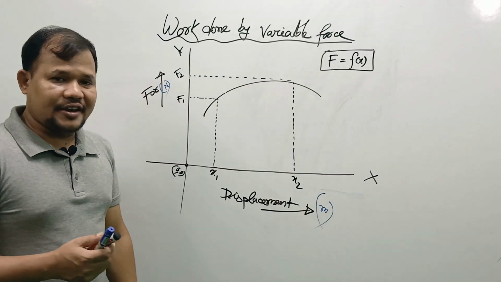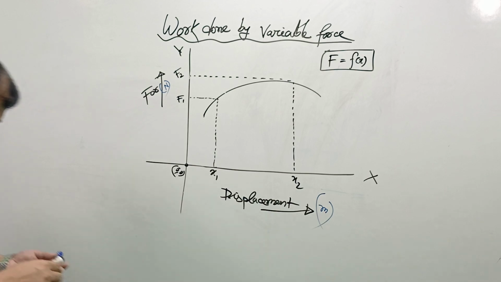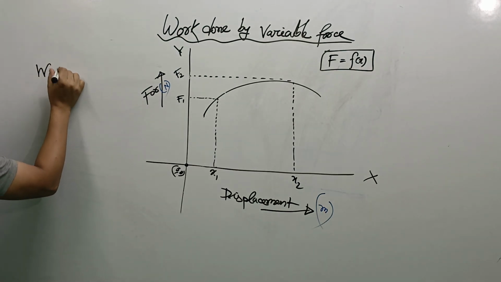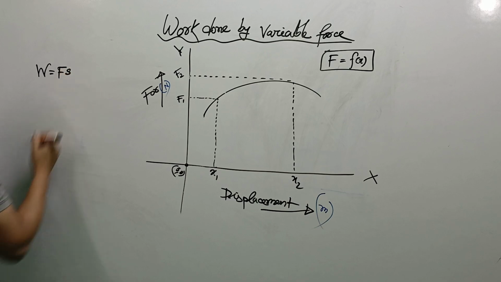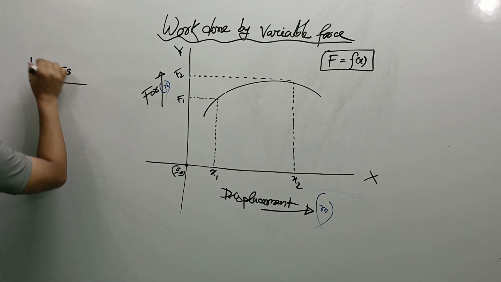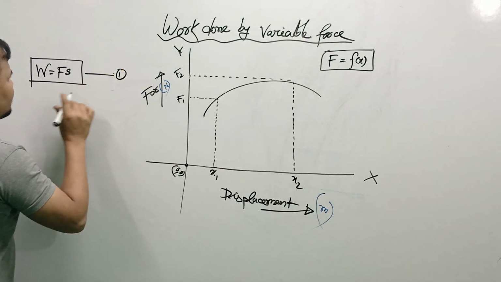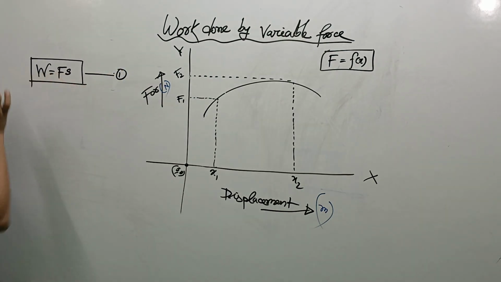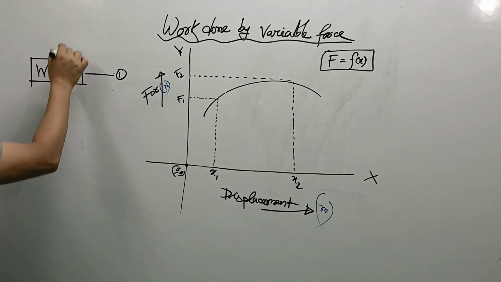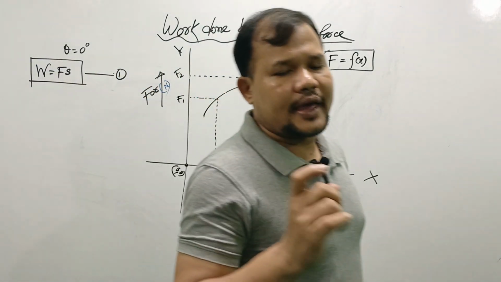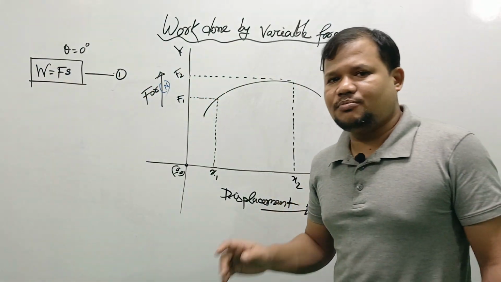My dear student, try to understand. We know the equation to measure work only for the constant force, W = Fs. When we use this equation, the direction of the force and the direction of the displacement must be the same, that means the value of theta is 0 degree, where theta means the angle between the applied force and the displacement.